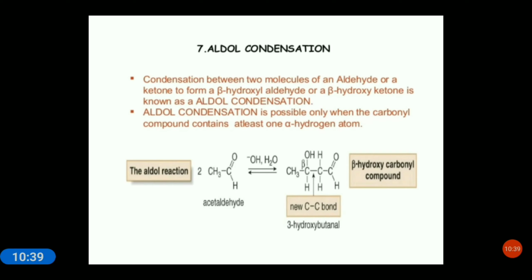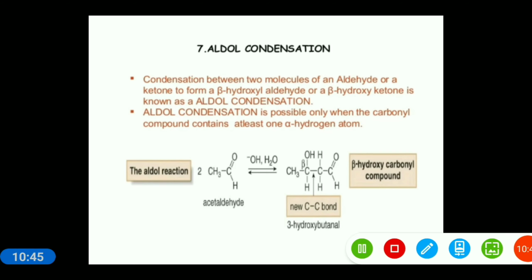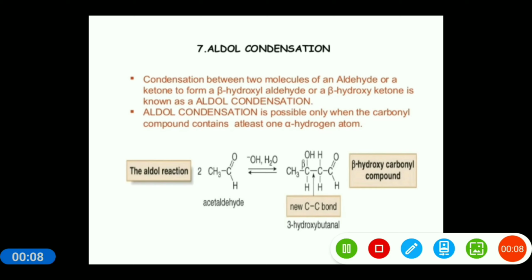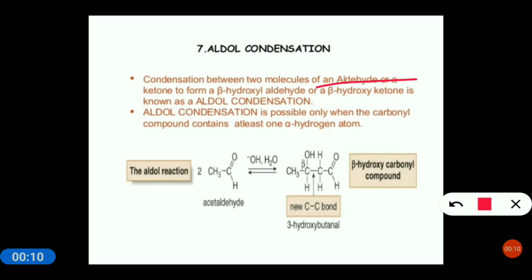In this category, the most important reaction is aldol condensation. In aldol condensation, the condensation is between two molecules of aldehydes or ketones to form beta hydroxy aldehyde or beta hydroxy ketone.